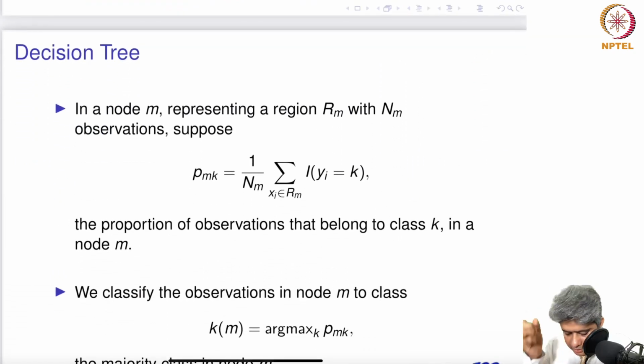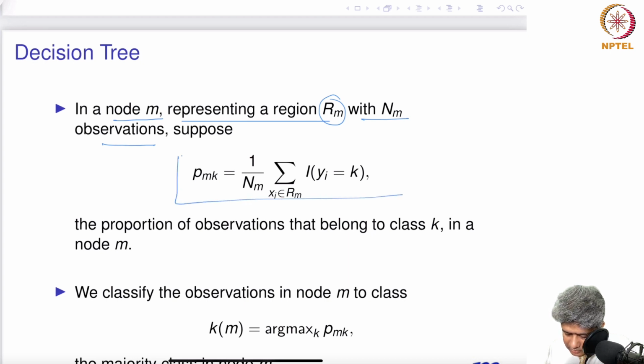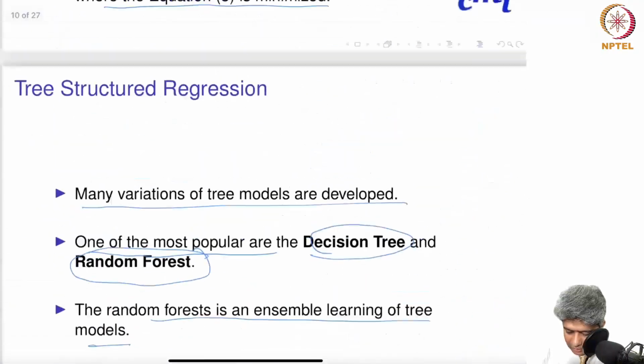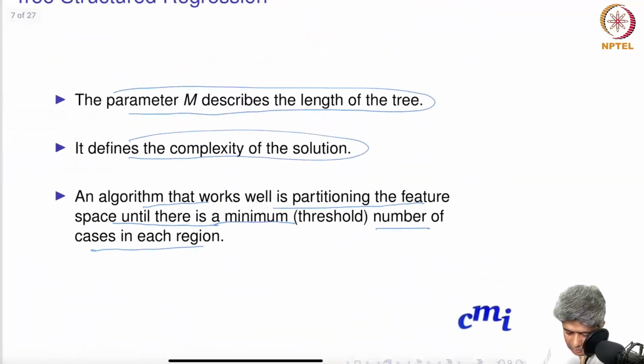So in a decision tree, in a node m representing region Rm with Nm observations, pmk is simply the average of samples in that node: the proportion of observations that belong to class k in node m. Let us go back to the figure.